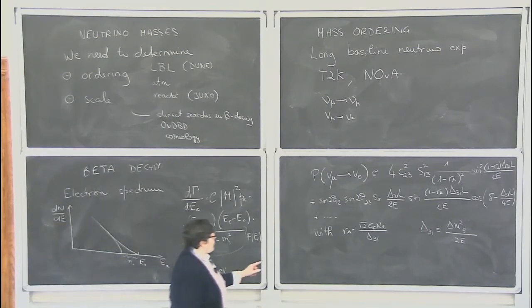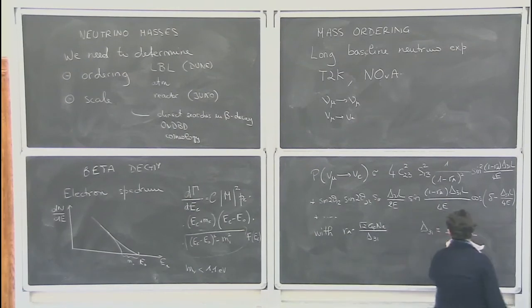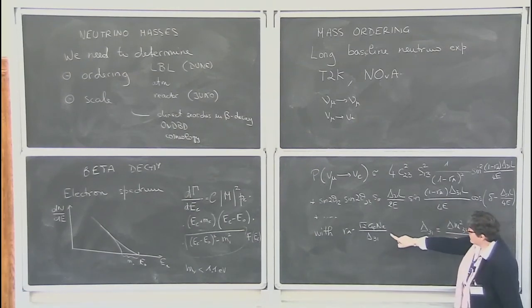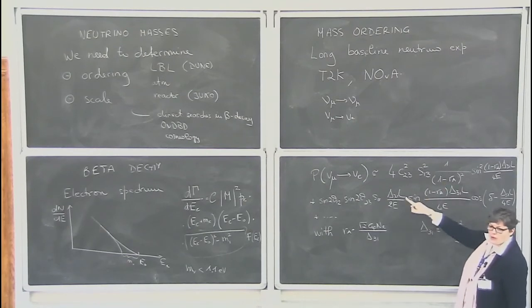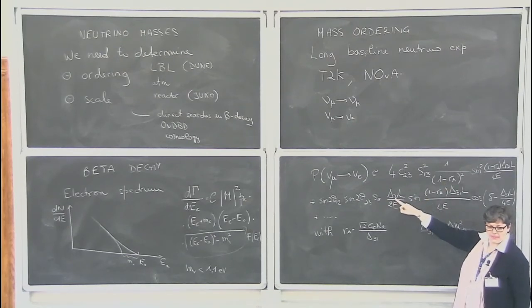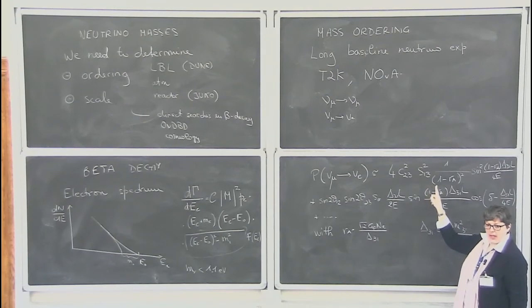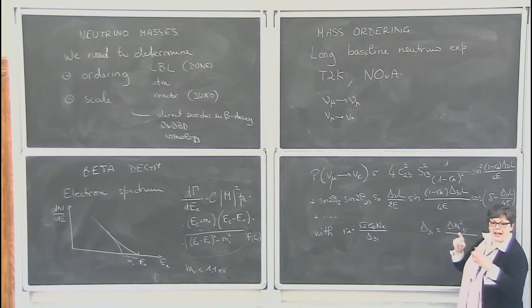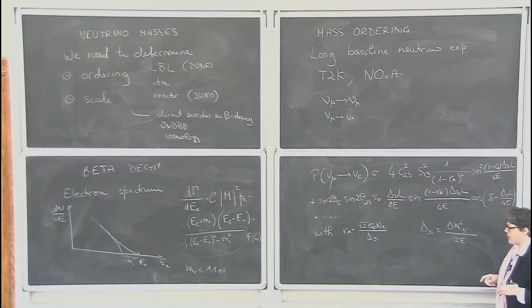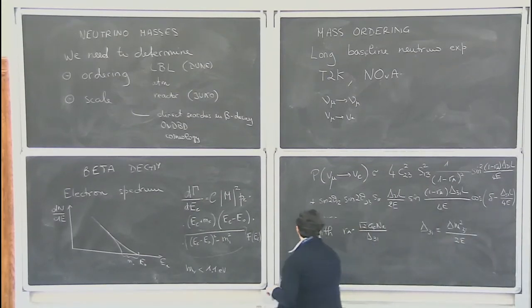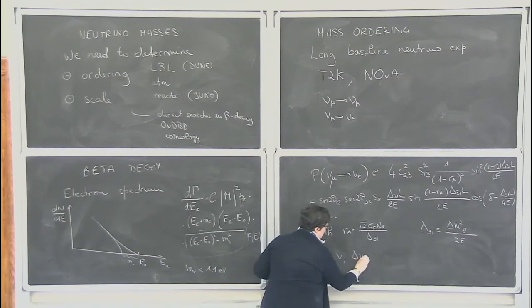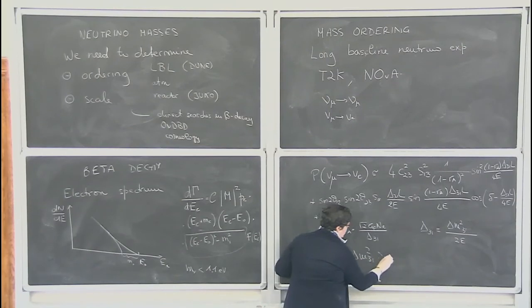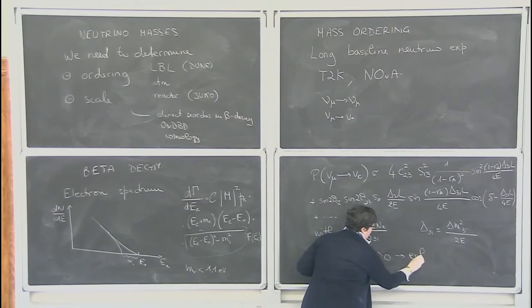And so if delta m squared 3 1 is positive, then this term is positive, and here I have an enhancement of the neutrino oscillation probability in this term here. If delta m squared is negative, instead I have a suppression. And for antineutrinos, the opposite happens. So for neutrinos, delta m squared 3 1 positive means an enhancement of the probability.